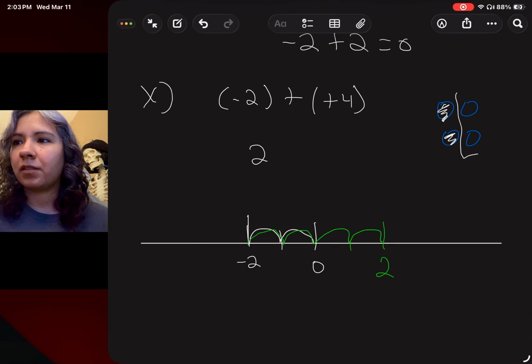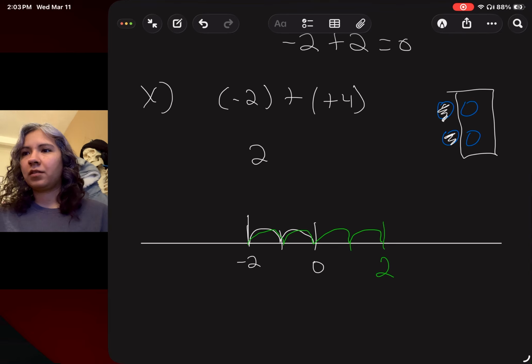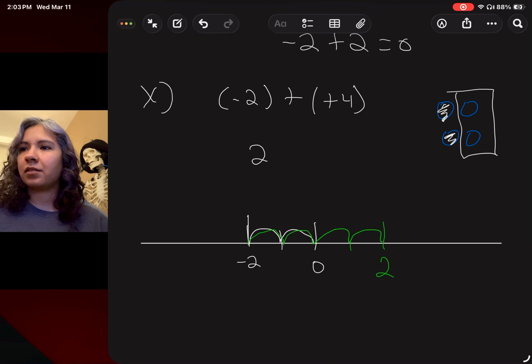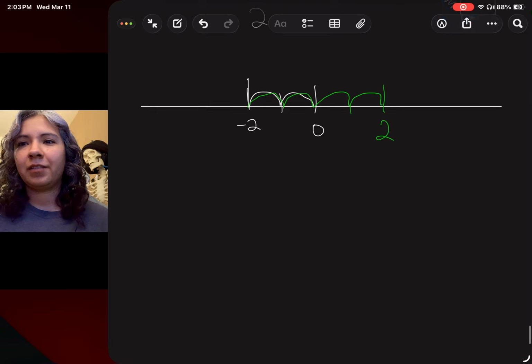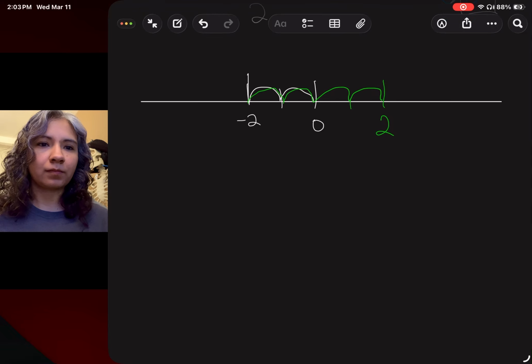That leaves us with these 2 circles, right? We had the 4 positives, unfilled circles, 2 filled circles, negative, which leaves us with 2 positive unfilled circles. So there are different ways to think about these. Number lines are usually what most people go to.